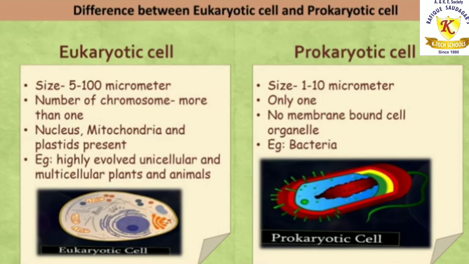So now children, as we know the various cell organelles which are present in the cells and their functions and importance also. So I think you all must have understood the functions of the various cell organelles. Isn't it, children? Good.